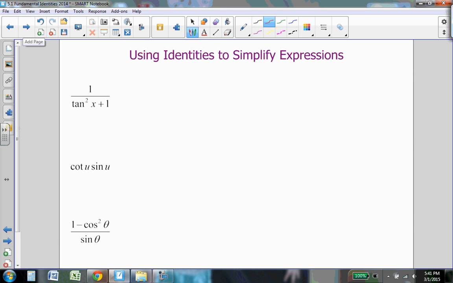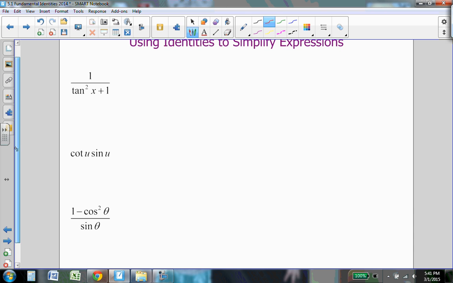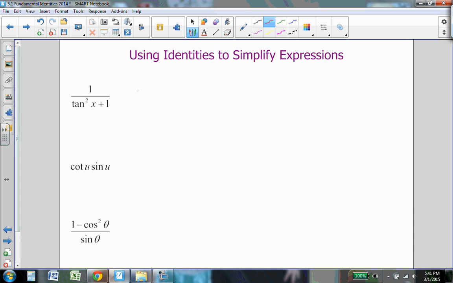Okay, another thing that we can do is simplify expressions. This is going to be a very necessary part of what we do. Now, when I see this, I immediately am drawn to this tangent squared of x plus 1. And I recognize that from my Pythagorean identities, that's simply secant squared of x.